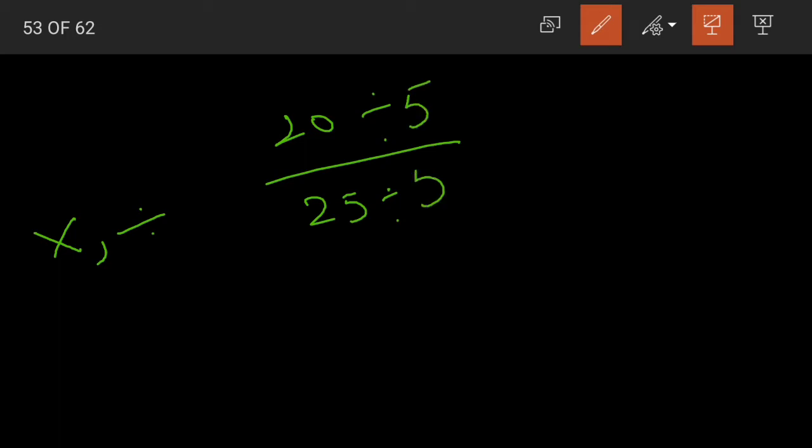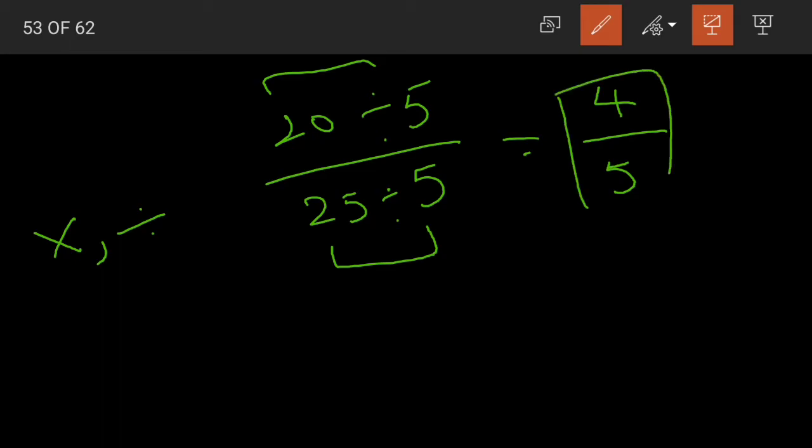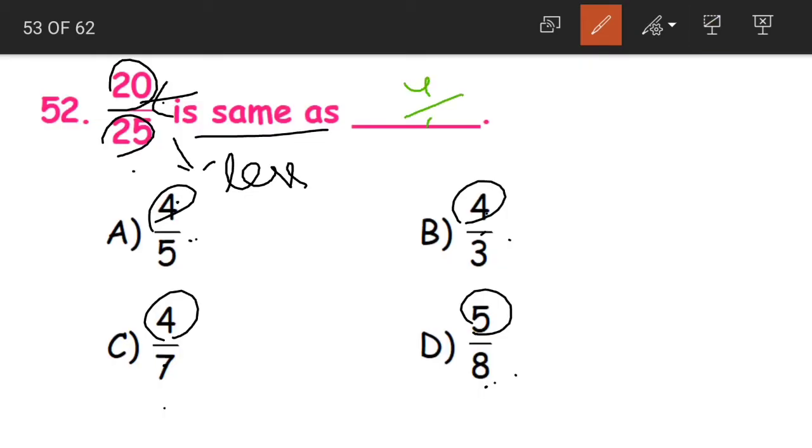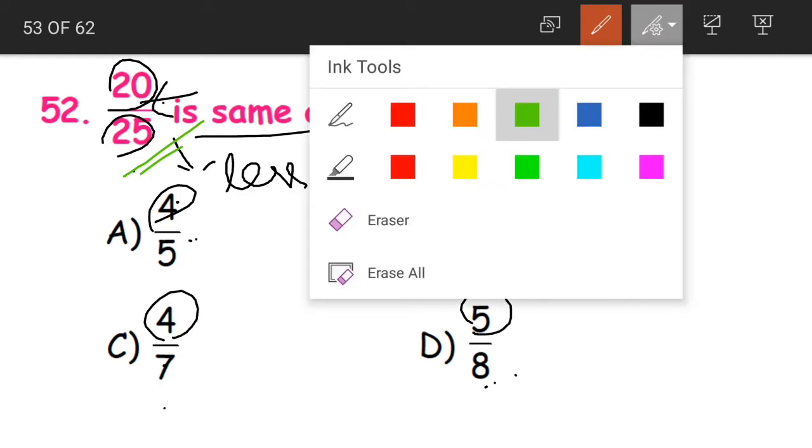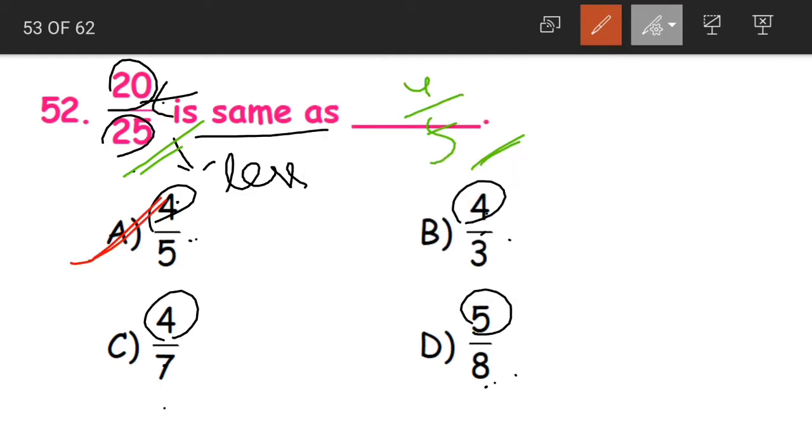Both 20 and 25 have 5 as their highest common factor. So if we divide both of them by 5, 20 divided by 5 is 4. 25 divided by 5 is equal to 5. So 4 by 5 is our equivalent fraction here. 20 by 25 is same as our 4 by 5. That is our option A.